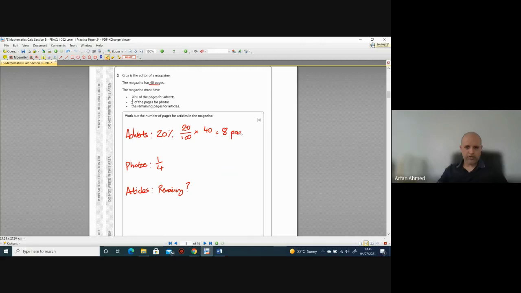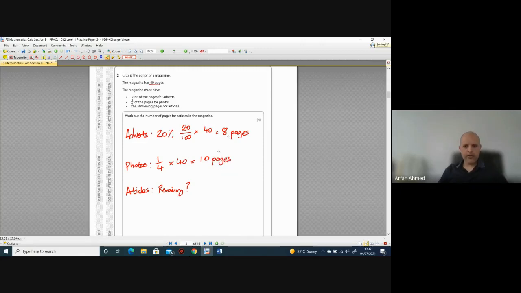And that's pages. Do write what it represents. Don't just put 8 on its own. A quarter of 40, again, you can use the divide symbol for that. So you can do 1 divided by 4 times 40, which gives you 10 pages.